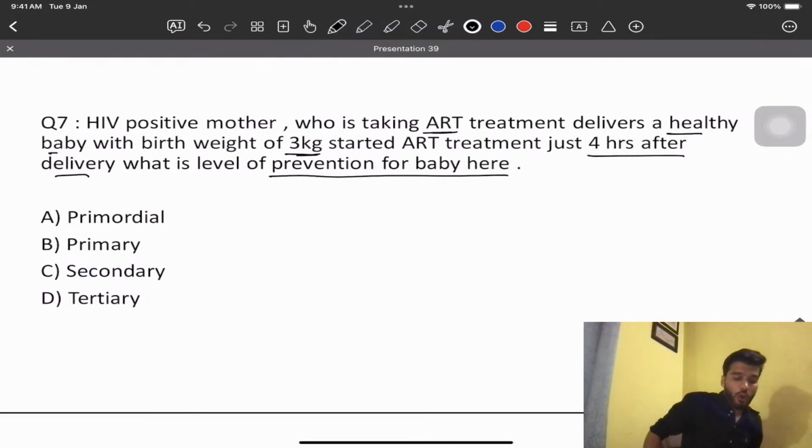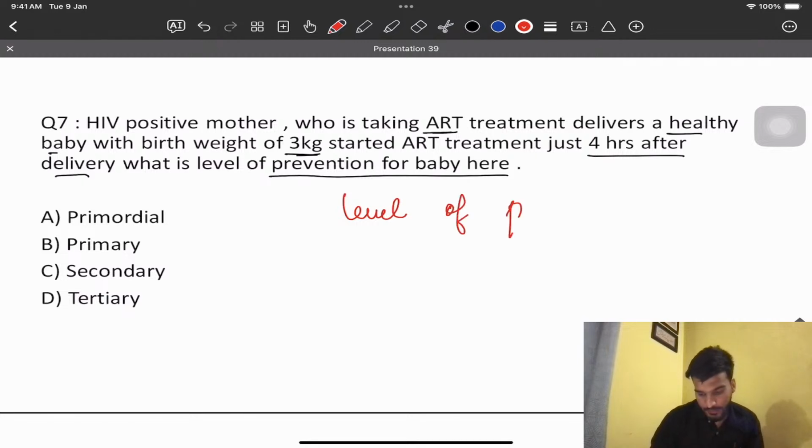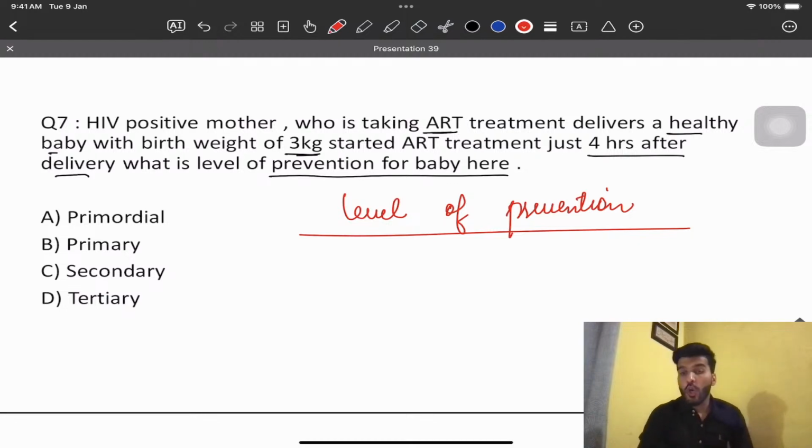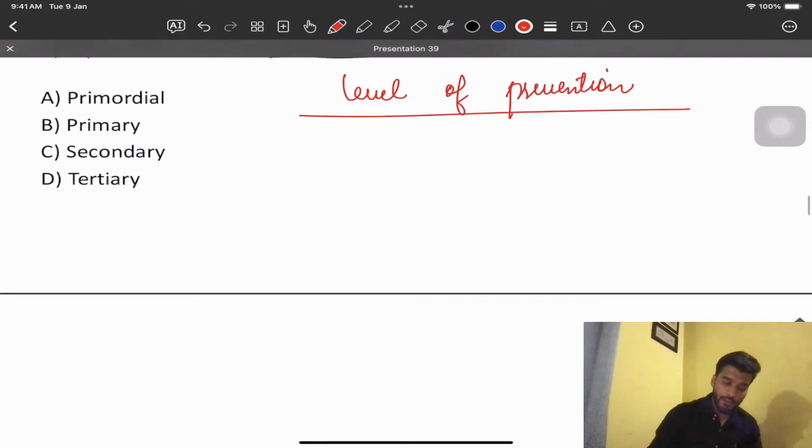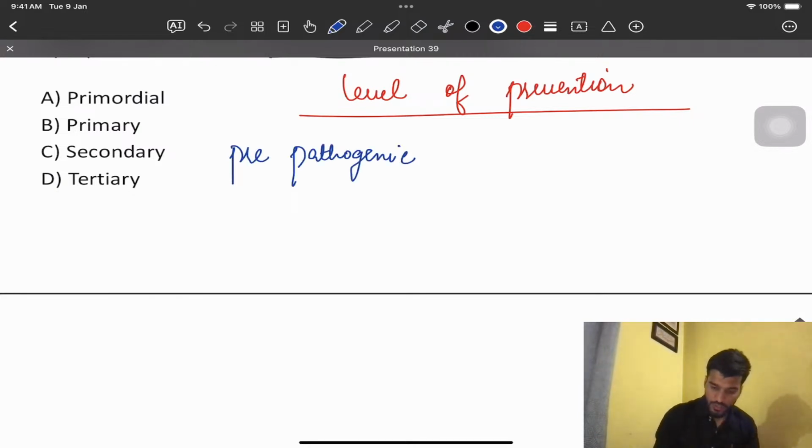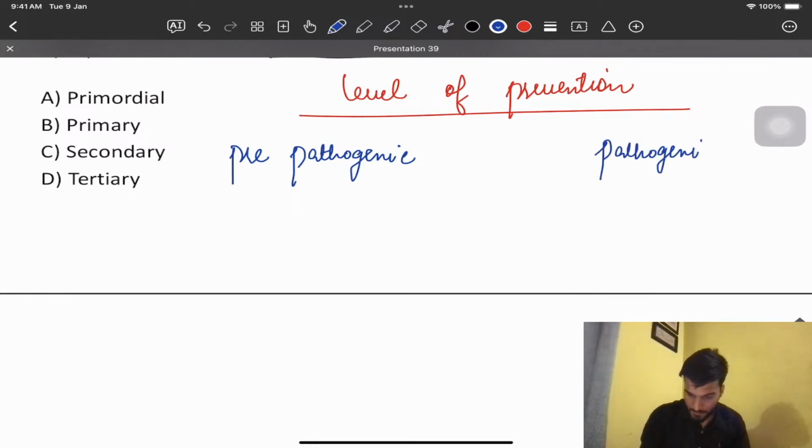So if I talk about level of prevention, let's discuss levels of prevention. In levels of prevention, guys, we have the pre-pathogenic phase and the pathogenic phase.